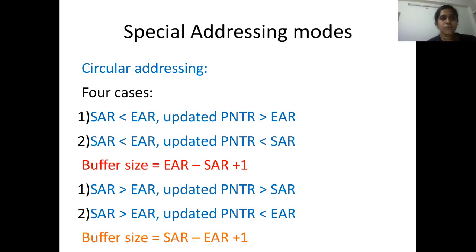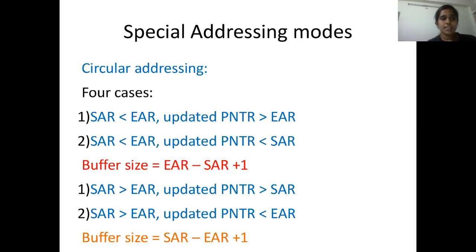These are the cases available in circular addressing. In the first case, SAR is less than EAR, that is, the starting address of the buffer is less than the ending address of the buffer, and the updated pointer register will be greater than the end address register value.